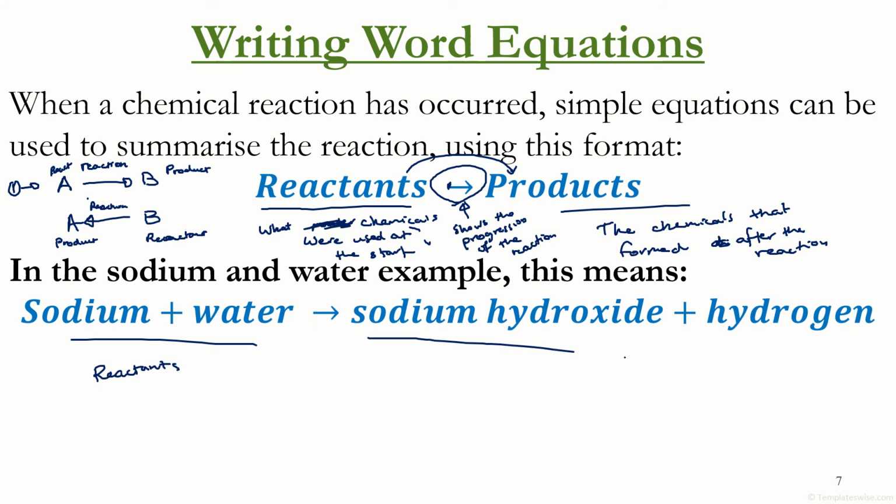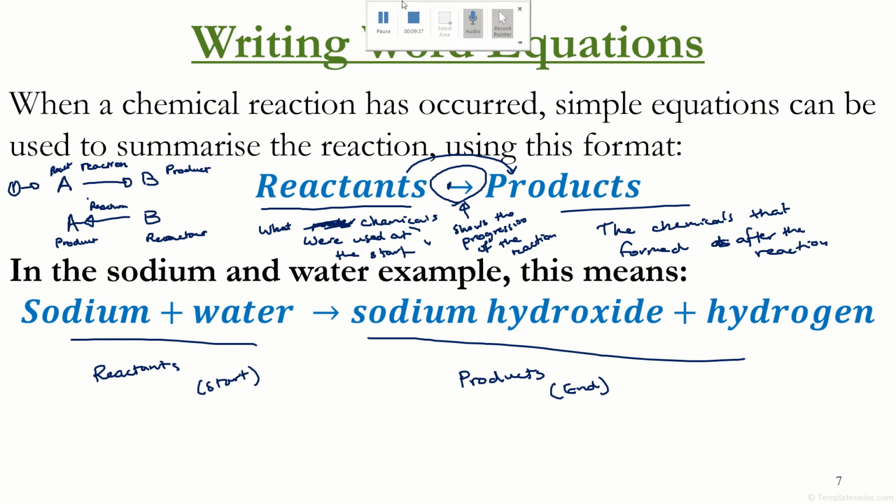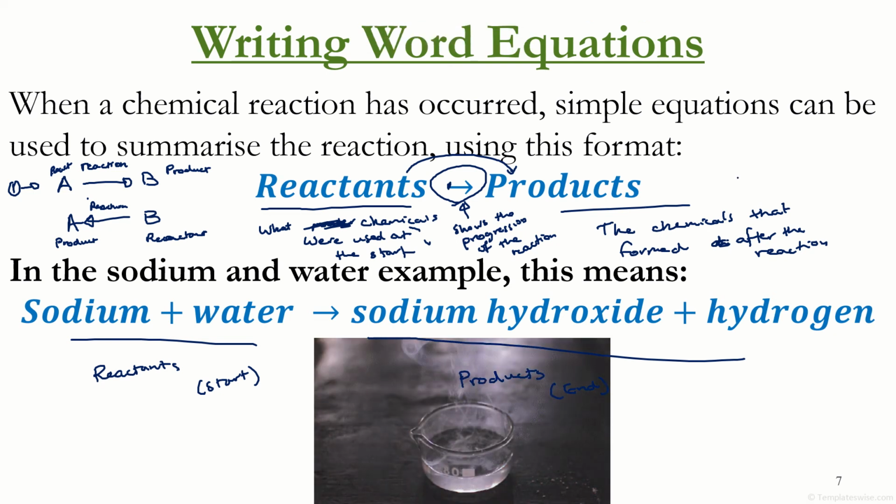On this side, that is our products. So this is what we started with, and this is what we end with. And that basically describes this particular reaction between sodium and water.